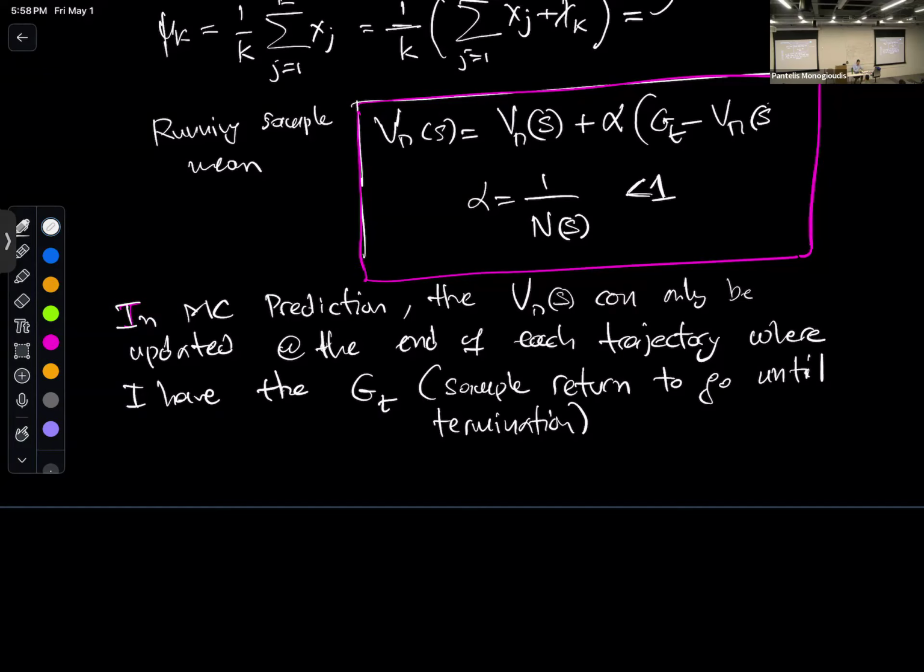All right. In order to understand temporal difference learning a little bit, maybe I can present it first and then I can go to an example.